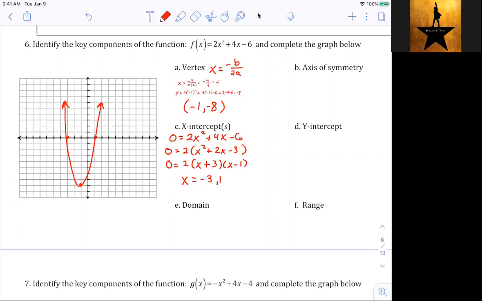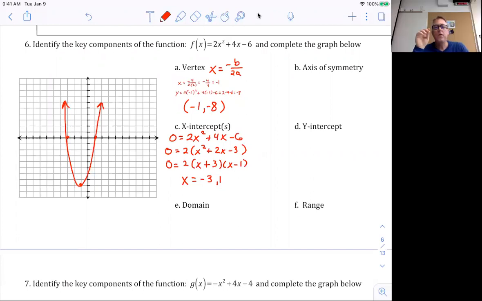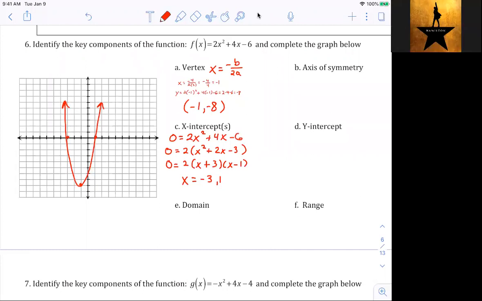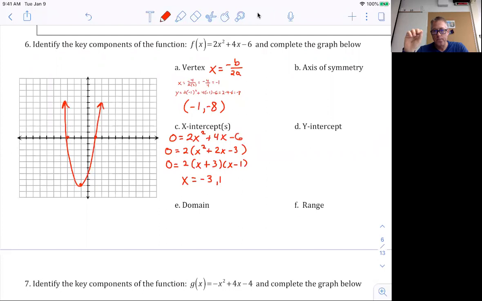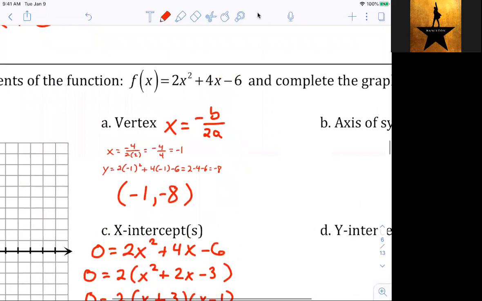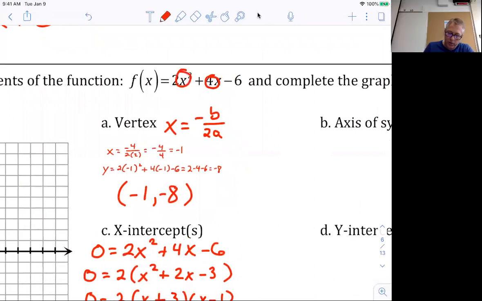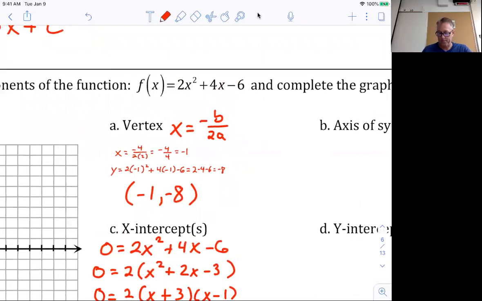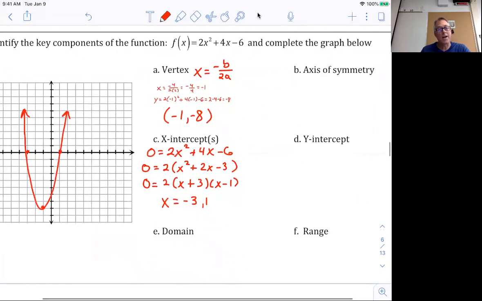Yes. All right. Well, I'll tell you what. Y-intercepts in standard form are really easy to do. Because remember, to find a y-intercept, you plug in a 0 for x, right? Yes. So plug in a 0 for x. That 0 and that 0, and we get -6. So the y-intercept is actually at -6, not at -7.